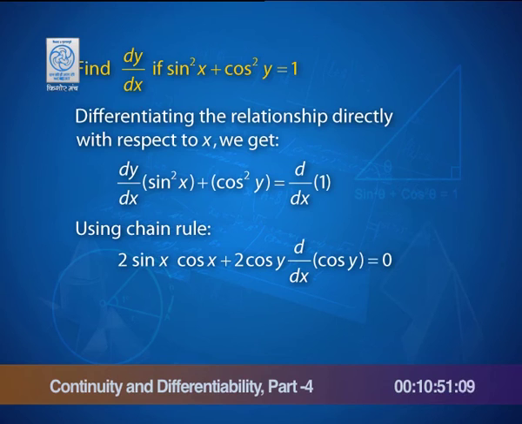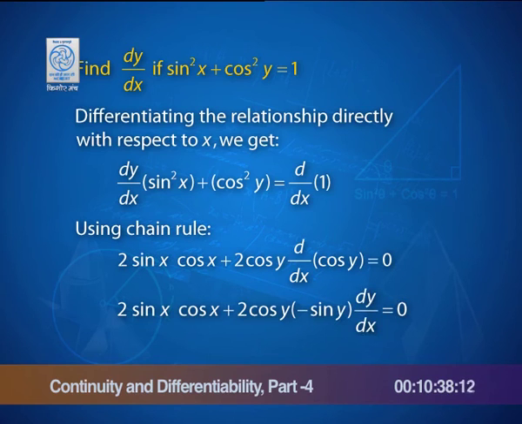Further, this becomes the same as 2 sin x cos x as it was, plus 2 cos y, and now the derivative of cos y using chain rule is minus sin y into the derivative of y with respect to x.